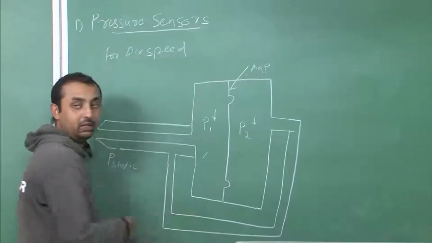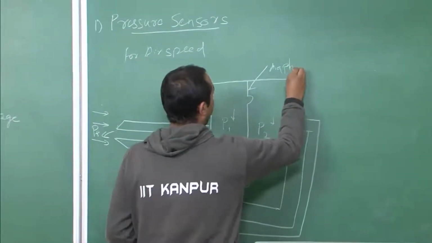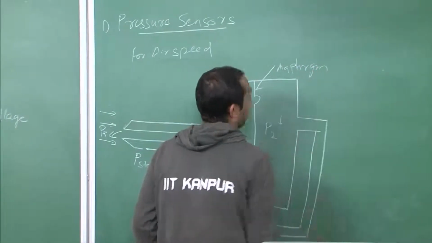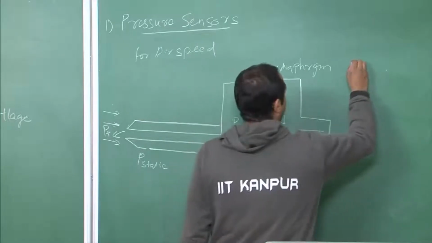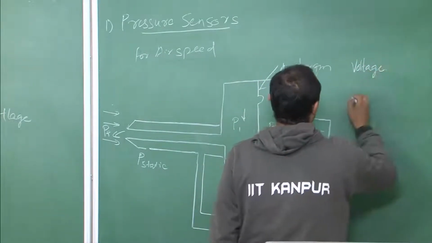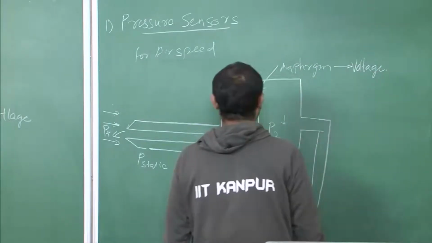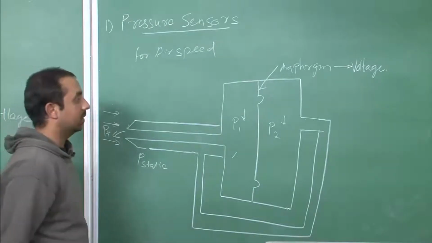The difference between these two pressures will result in a deflection of your diaphragm, which again will give you a voltage corresponding to that deflection, which can be calibrated.